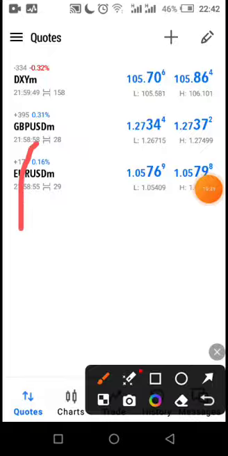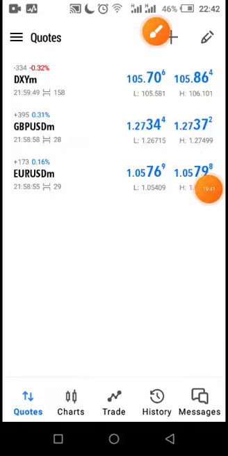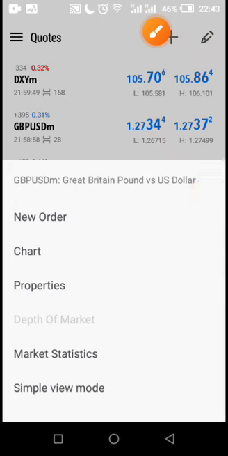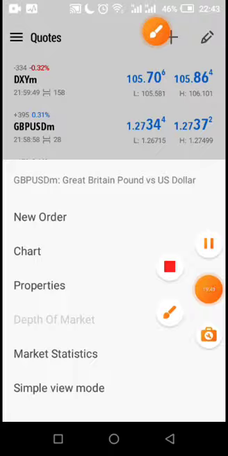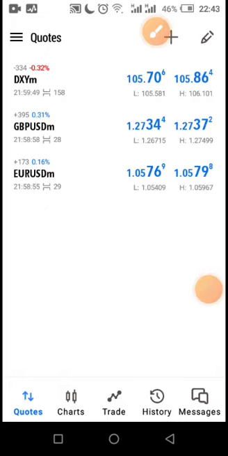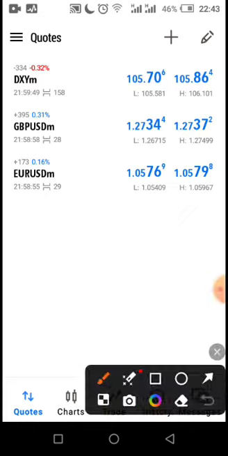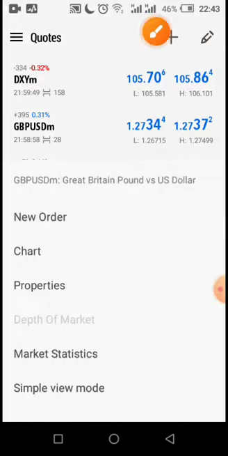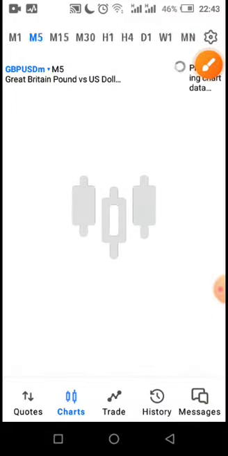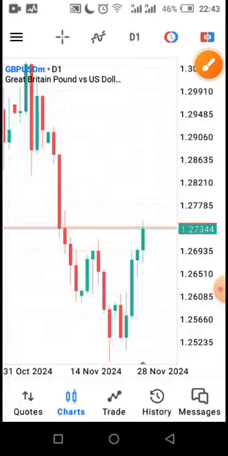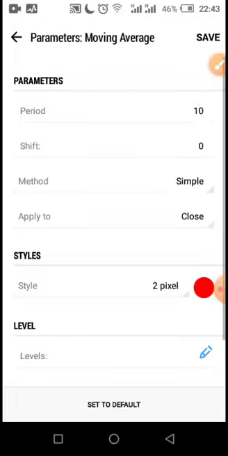So for example, if you were to trade the GBP versus USD, which is the Great British Pound versus the US dollar, you will only take sell trades of GBP USD if on higher time frames, the daily time frame, the GBP USD is in a downtrend.